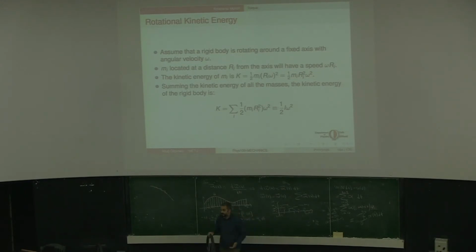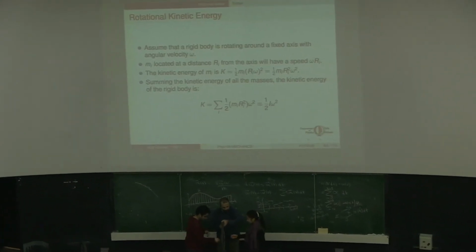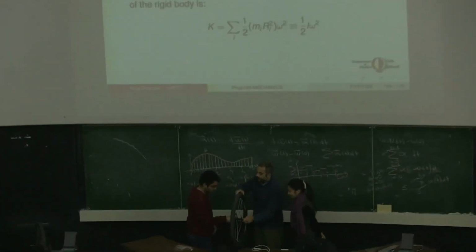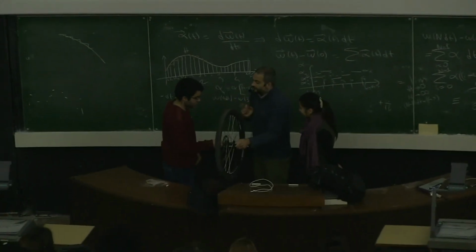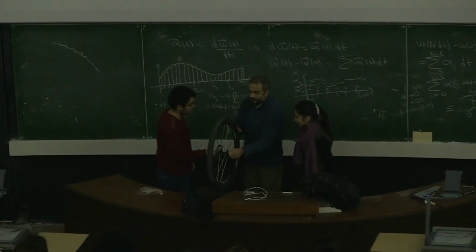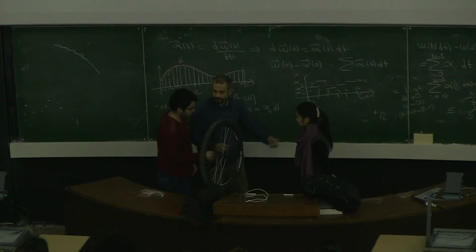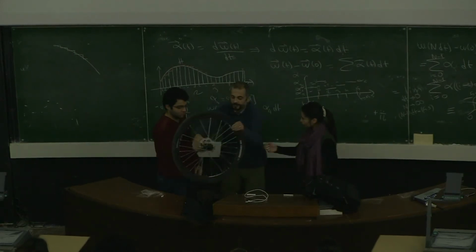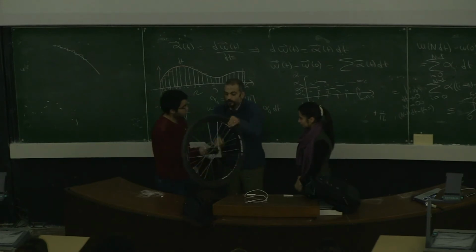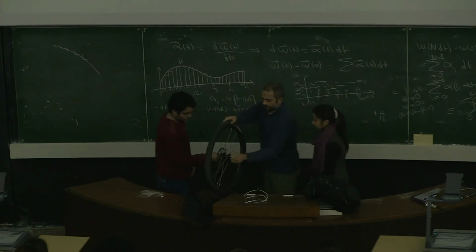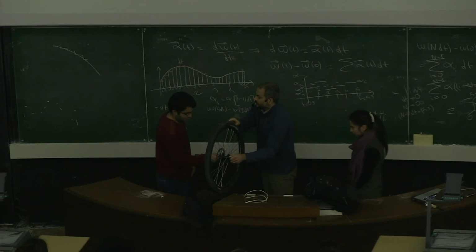Hold it tight. Now, what I'm asking you to do is I will rotate it, let it go, and I want you to take this thing and turn it around. I want you to do that motion while it's turning around, and describe to the class what you feel.